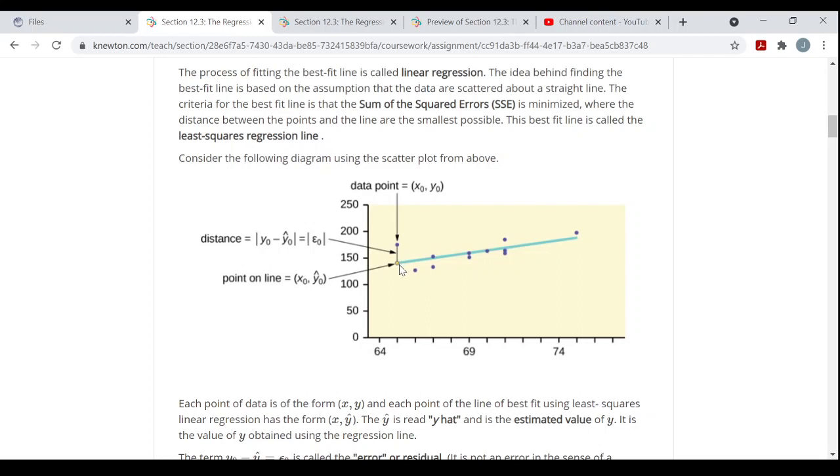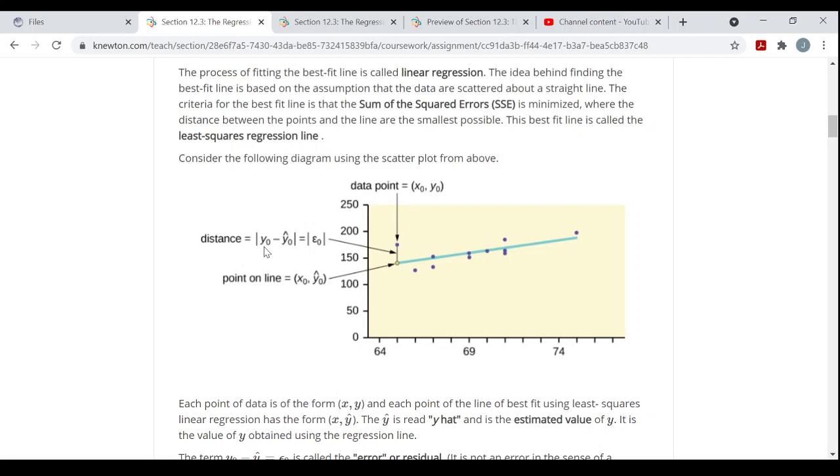And you calculate its vertical distance to this line. And the value on the line is called y0 hat. So y0 is the actual y value, and y0 hat is the y coordinate on this line. Notice again, since I went straight up and down, they have the same x coordinate of x0.